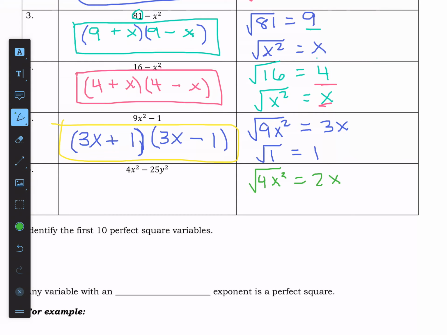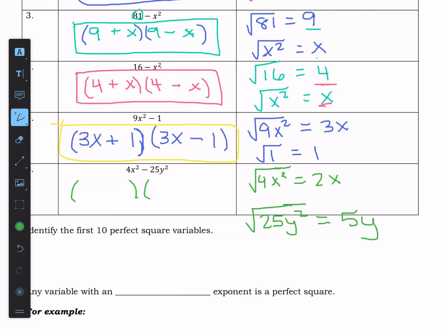Okay? All right, and let's do this last one here. So now this one, it has two of them that look the way the 9x squared had looked. So the square root of 4x squared is 2x. The square root of 4 is 2, and the square root of x squared is x.